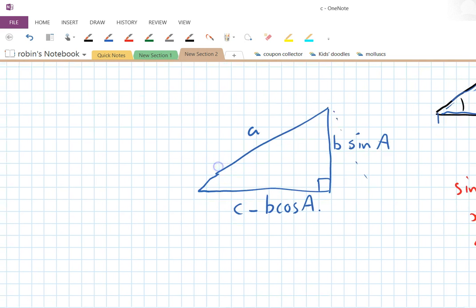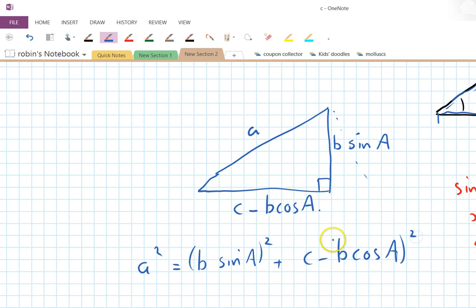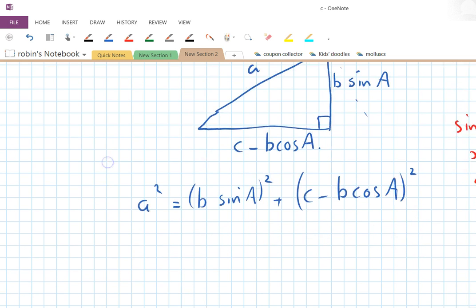Well, that's nice. Okay, so what have we got? We've got a nice right angle triangle, and so we can use Pythagoras. We can say A squared equals this side squared plus that side squared, which is B sine A squared plus C minus B cos A all squared. And now I'll just multiply the brackets out.